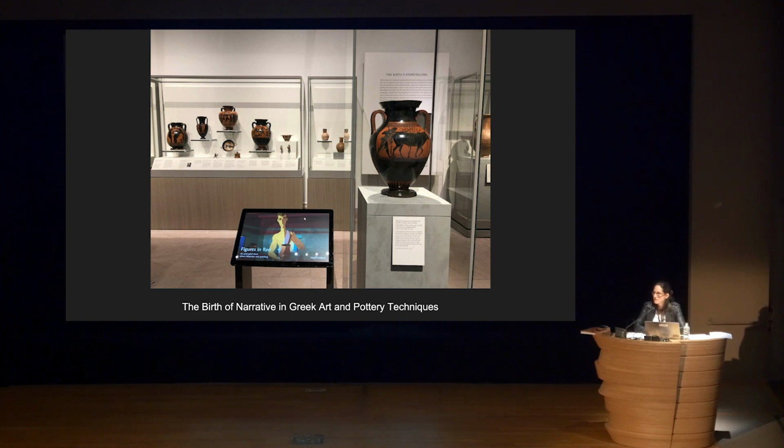And so one thing you'll see, I'm going to play the animation now, is that what's so remarkable about the high contrast aesthetic of Athenian black and red figure vases is that it's all achieved with just clay. So it is really something of beauty. So we'll go ahead and play that now.